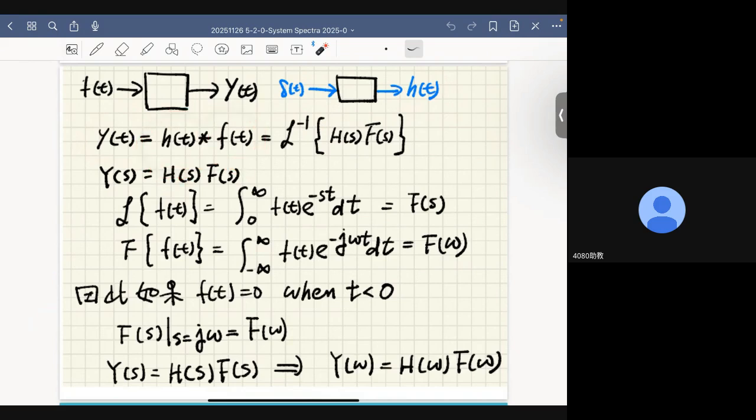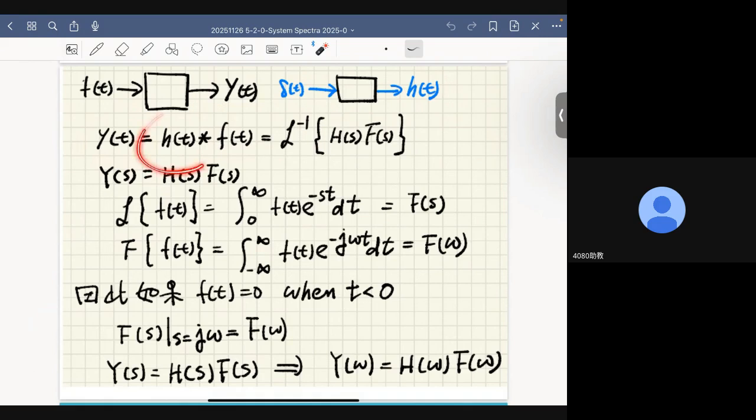So in this regard, it is clear to us that h(t) as a signal actually characterizes every aspect of the system. It represents everything of the system, every detail, every piece of information, every property of the system.